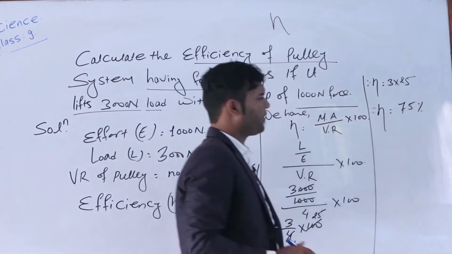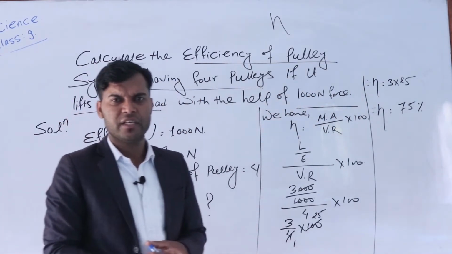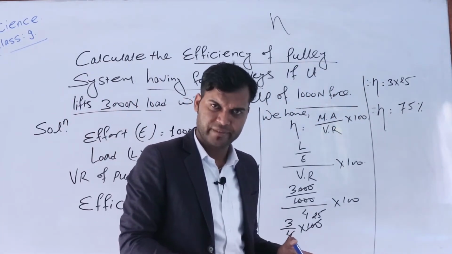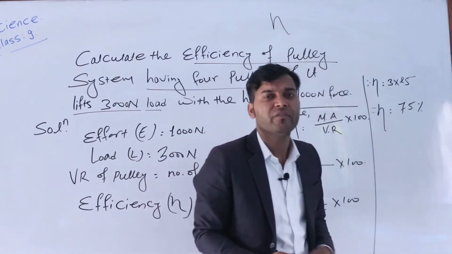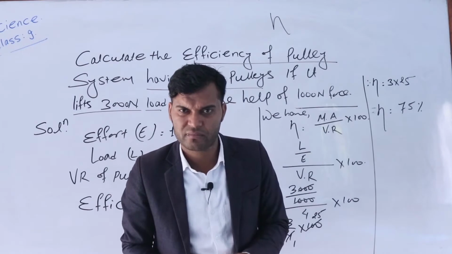The efficiency of this pulley system is 75%, and 25% of the efficiency is lost to frictional force.